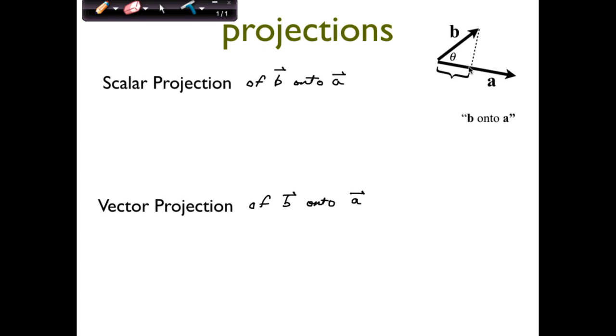Tangent? We would use tangent if we knew this length right here, which we don't. So instead, which one do we know? Cosine. Yeah, so we know B, we know the hypotenuse. So what is that length again? Call it C, I guess.